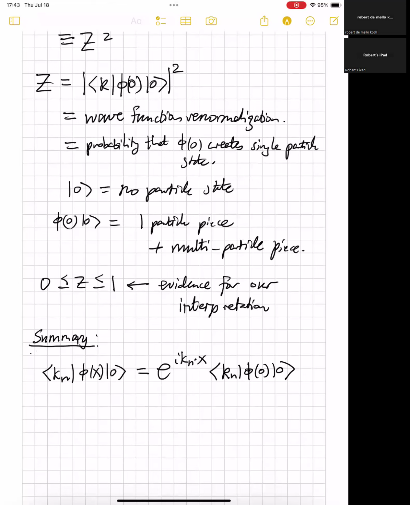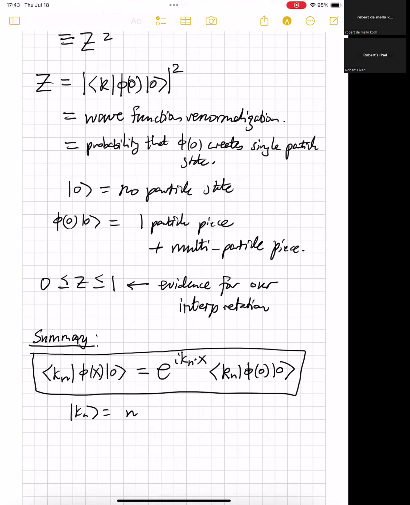So this we proved. And just to stress my notation, k_n is an n particle state, and also it's an eigenstate of H, the Hamiltonian, and the momentum operators.